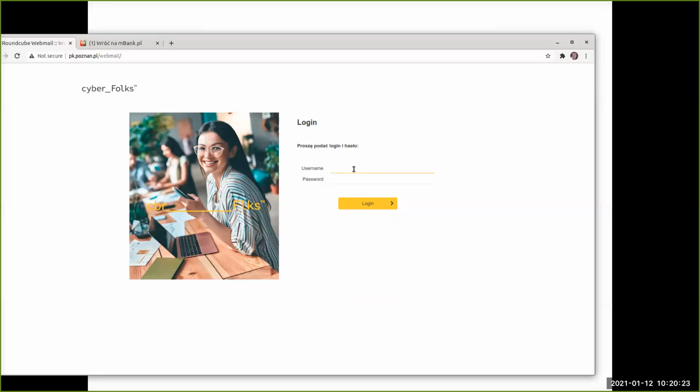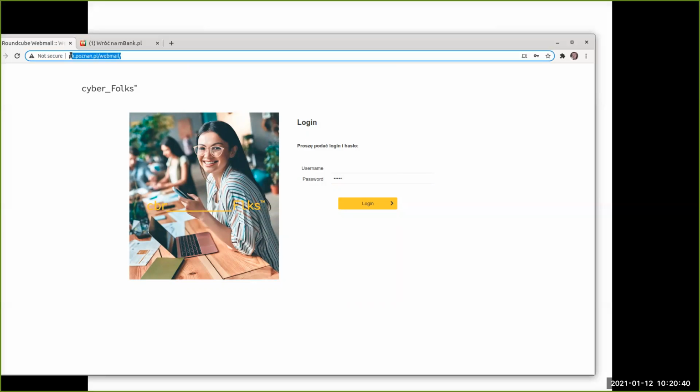But I can log in, I can enter my password. But last time I showed you that even though my password here is not visible, it is sent using plain text. So it's better to use certificates, even if they are not confirmed by a CA.